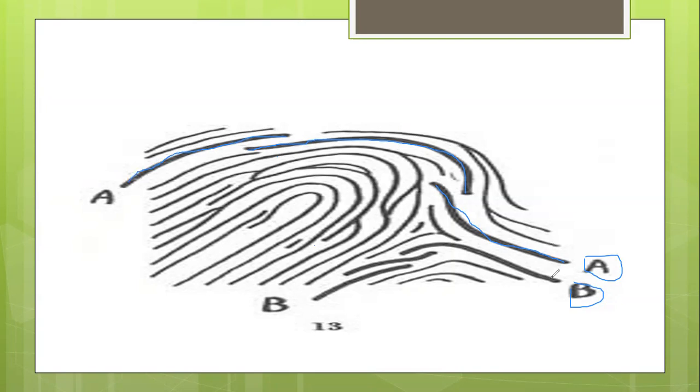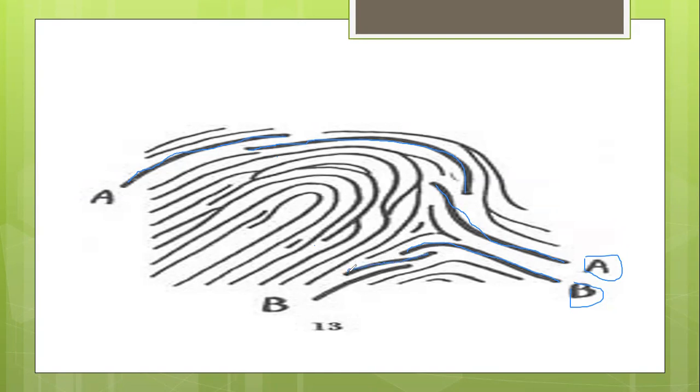On the other side, itong type line 2, which is marked as B, when we trace that one, yan, biglang naputol. With that, we are looking for the outside ridge because that will be our basis for continuation of the type line. Ito.